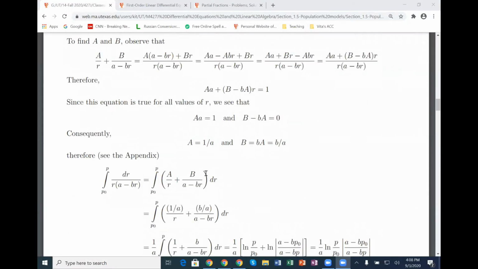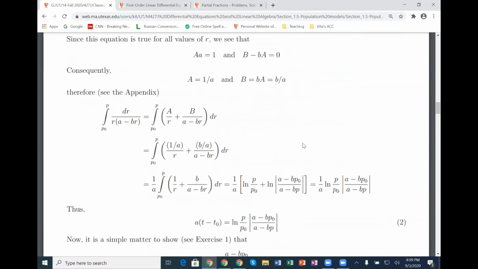So, we just realized that the fraction 1 divided by r times a minus br is identically equal to this, where capital A is 1 over a, capital B is b over a. Here's what we do next.